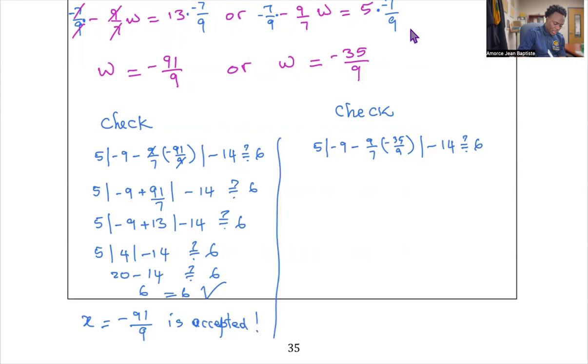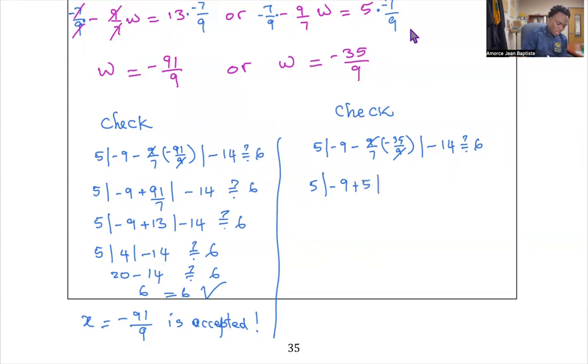Now we're going to work with the second option to see if it works. That's 5 absolute value of -9 minus 9/7. Well, actually, we can simplify this, right? The 9 cancels out. Negative, negative, those two negatives make a plus. And then 35 divided by 7 is 5.